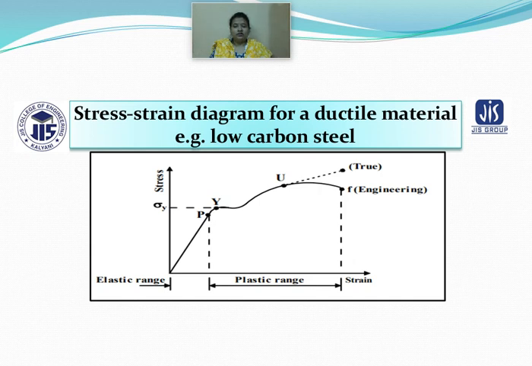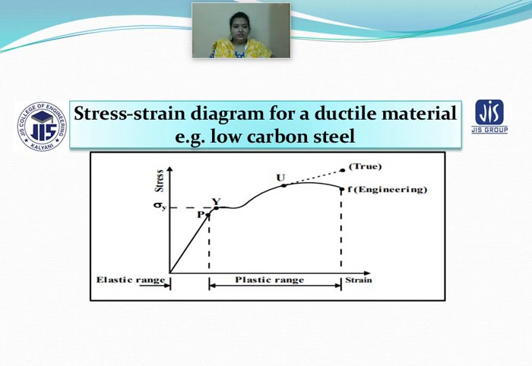If it is drawn into some sort of sheet, then it is the malleability property. In the previous lecture we covered the definitions of strength, hardness, toughness, creep, and also resilience. These are all various properties of various types of material.